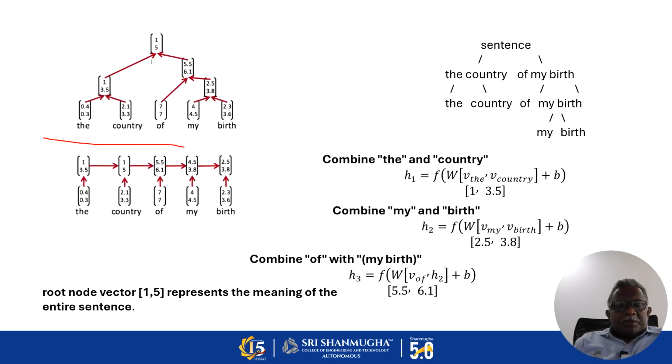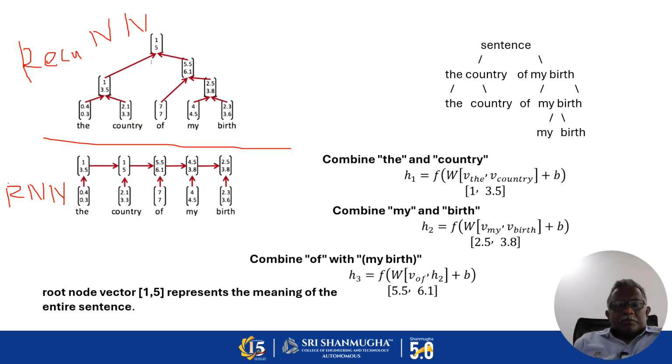This is a basic difference between RNN and recursive neural network. This is basically RNN because it is linear. It has linear sequences. This is the recursive neural network.